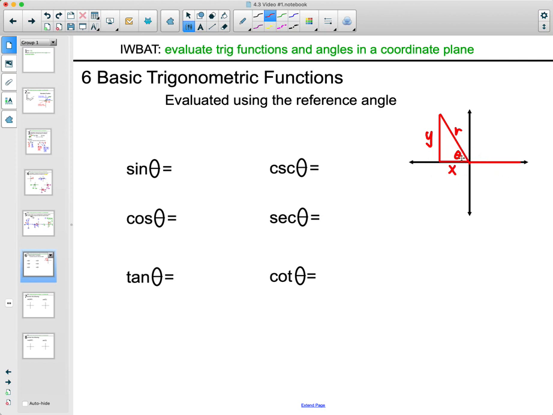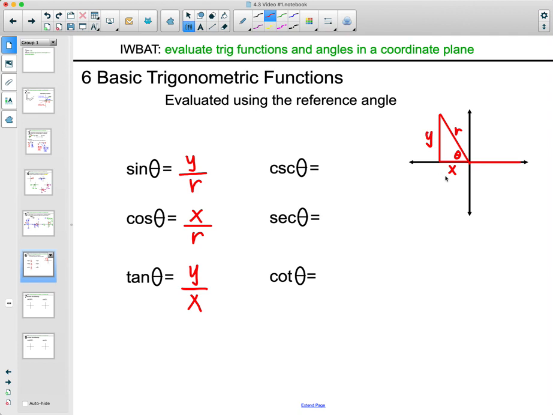So now instead of saying sine is opposite over hypotenuse, when we're in the coordinate system, the opposite is always going to be the y value and the hypotenuse is always going to be the radius. Cosine, next to this theta, is always going to be the x coordinate, over the hypotenuse r. Tangent, the opposite is always y, the adjacent is x.